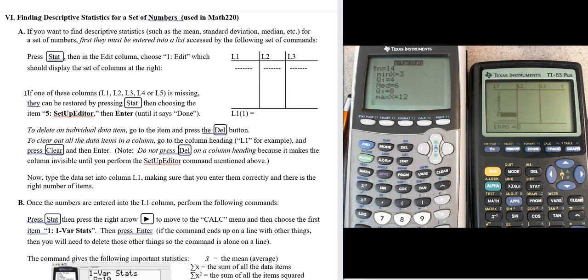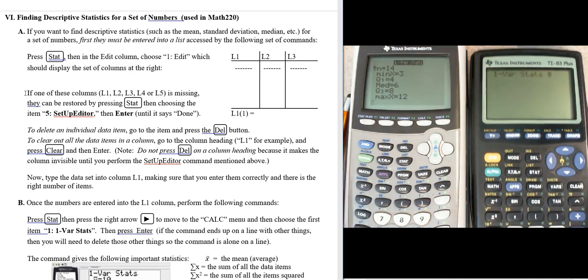All right, so what's different about this is when I go to Stat and go to Calc and do one variable statistics, it doesn't have in the previous screen a place to put in what column you're doing, L1. So when you hit enter on the one variable stats, it jumps you to the home screen. And the home screen is waiting for you to tell it what column to do the one variable stats for.